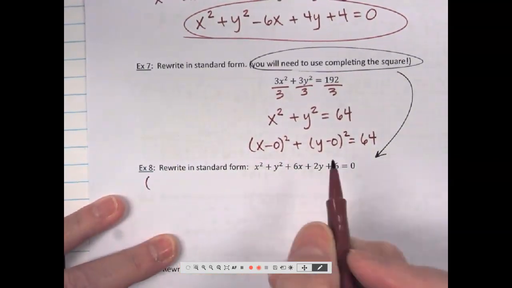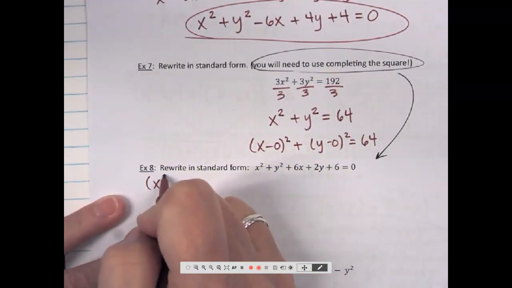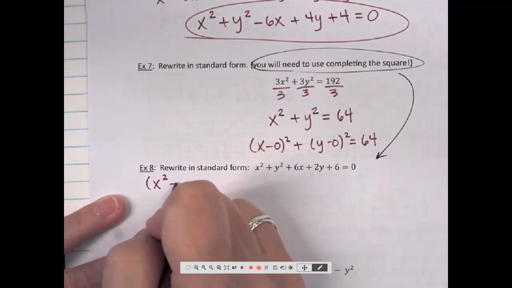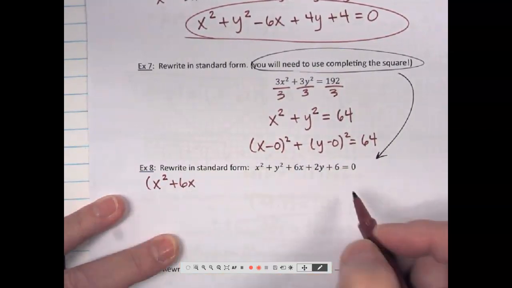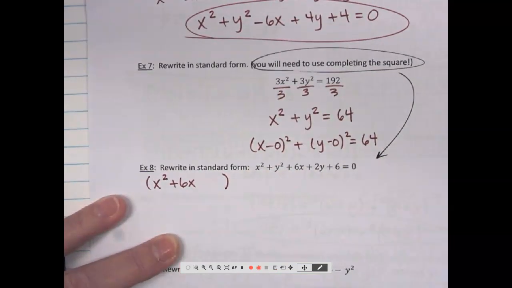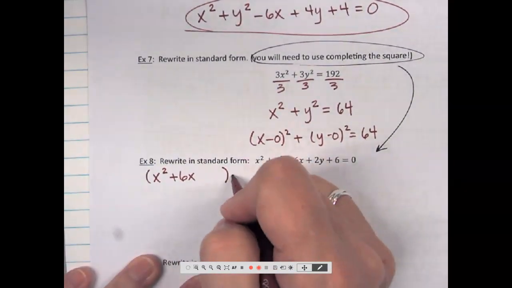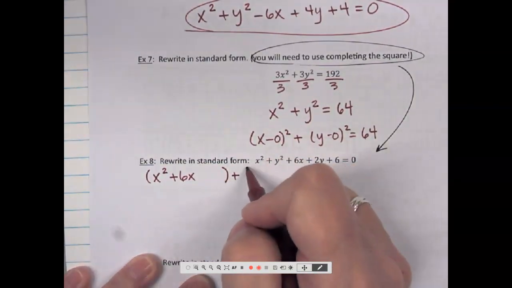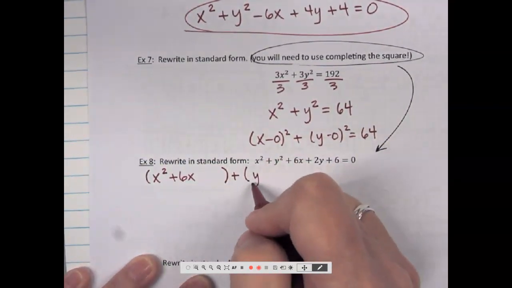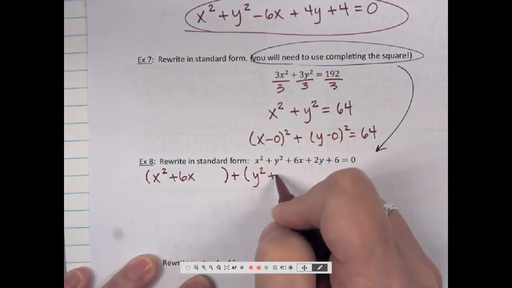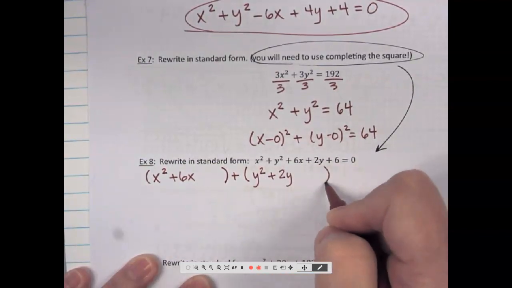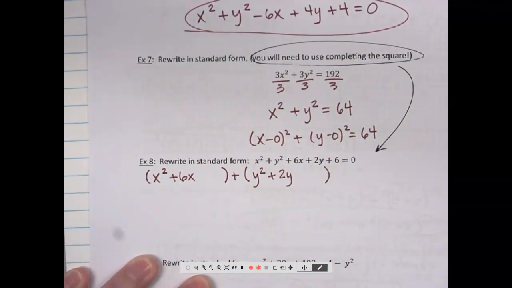In a set of parentheses, put your x terms. So I have an x squared plus 6x. Leave some space for a number. Plus, in another set of parentheses, put your y's. Y squared plus 2y. Leave some space for a number.